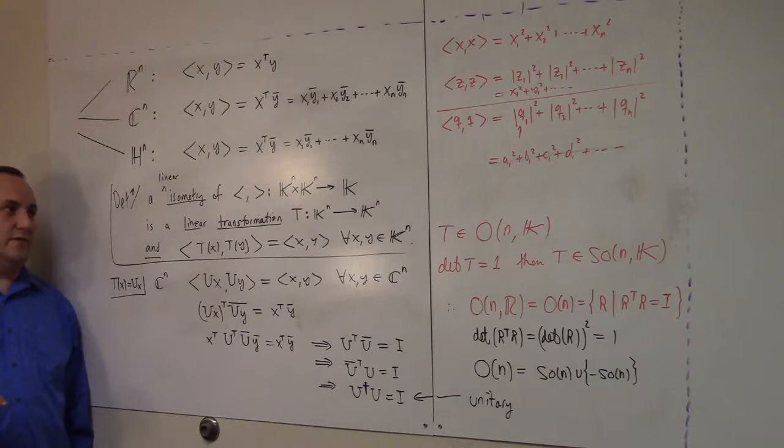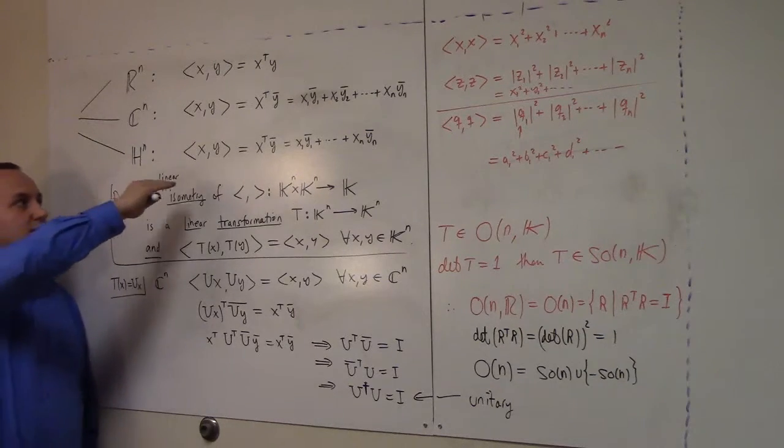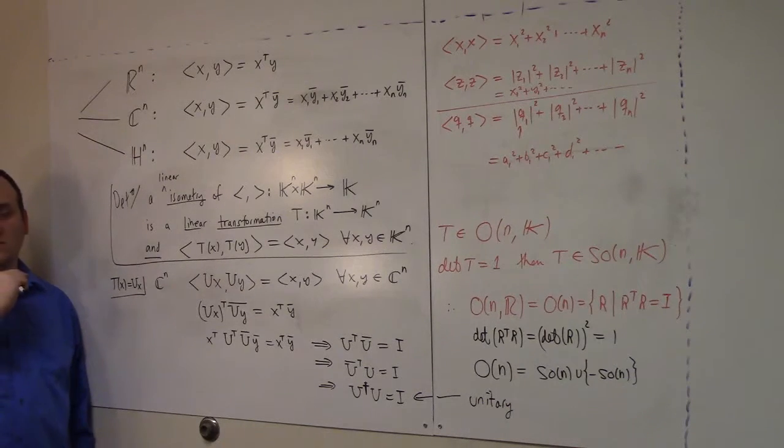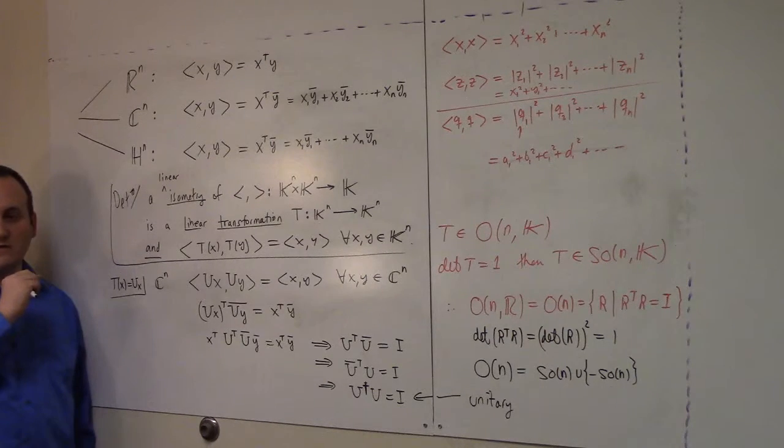So next time I will go through the details of the next one, which is the quaternionic inner product. When you run through the details, what you end up defining is known as the symplectic matrices, which preserve the quaternionic inner product.